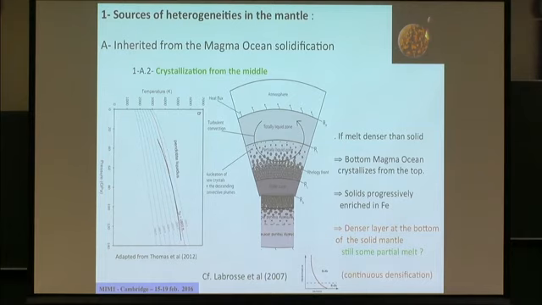And since this basal magma ocean is isolated from the cold surface of the planet, it's going to take a long time to solidify. And so we may still have some partial melt 4 billion years after the formation of the planet at the very bottom of the mantle.